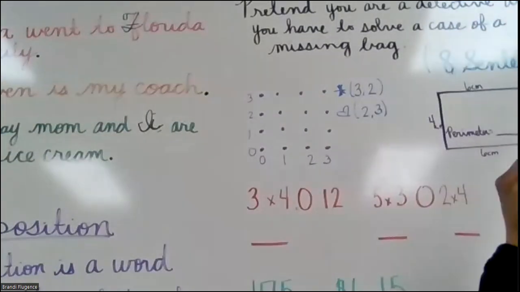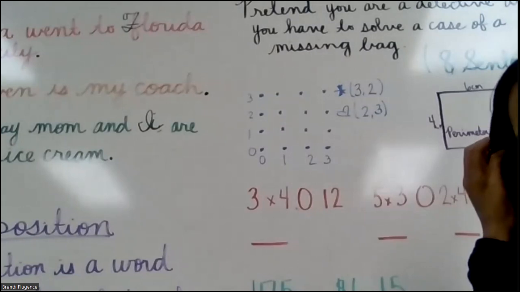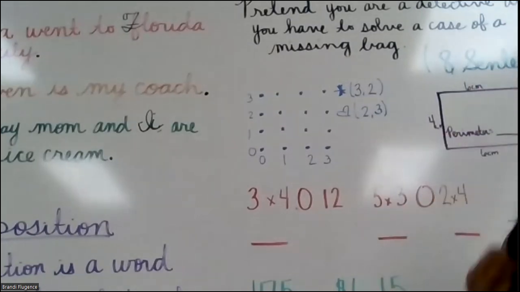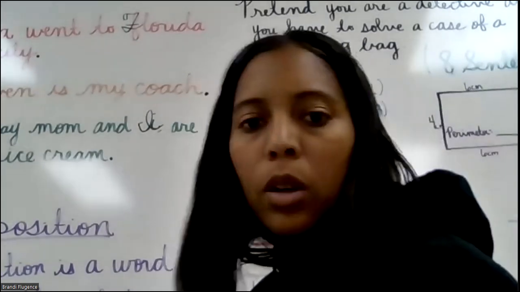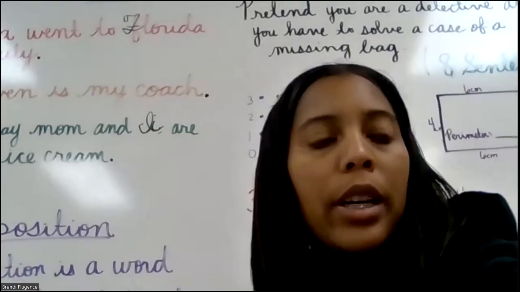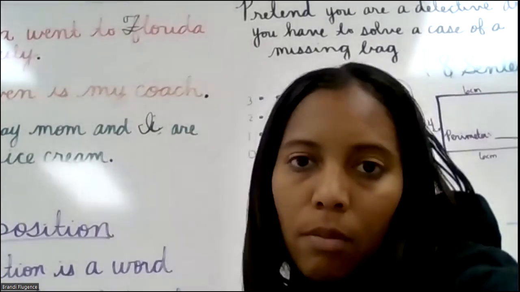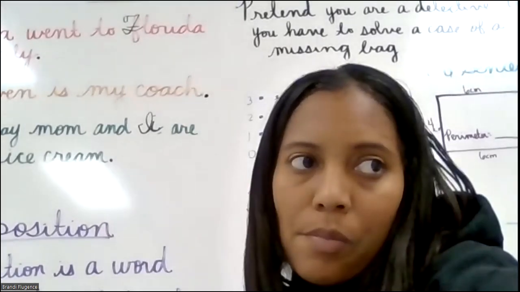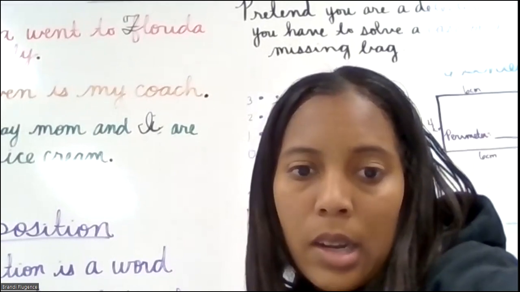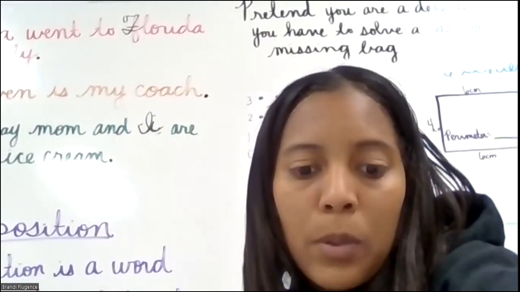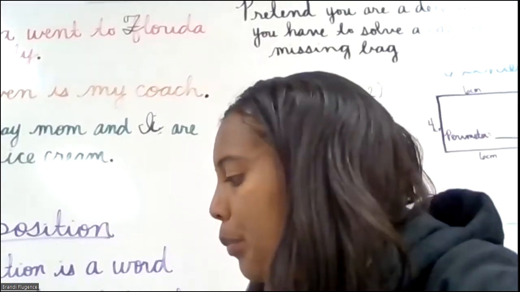Okay, we got that. Let's do the multiples of 2. All right, so when we start with 2 times 1, what does that equal? 2. Go ahead and shade in 2. Okay, we're on the next box, guys. Multiples of 2.